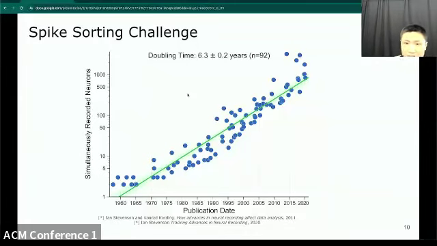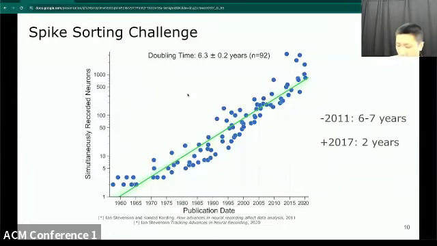Now, the growth in data causes an equal growth essentially in the compute and memory demands. And so with this doubling, it's actually accelerated just in the past few years. The original study measured in 2011 that there was a doubling of about 6 to 7 years, but from 2017 and beyond, we see the doubling has sped up to just about 2 years.